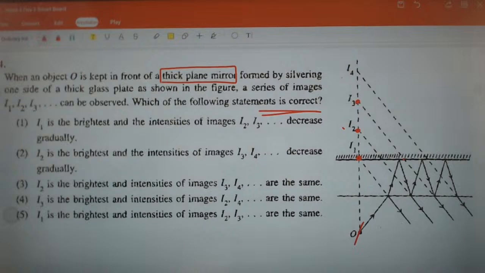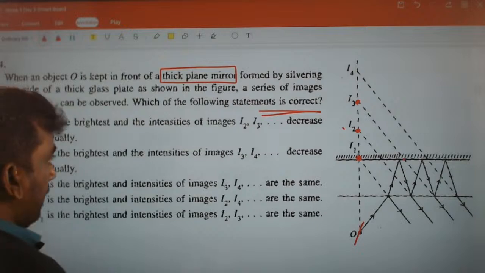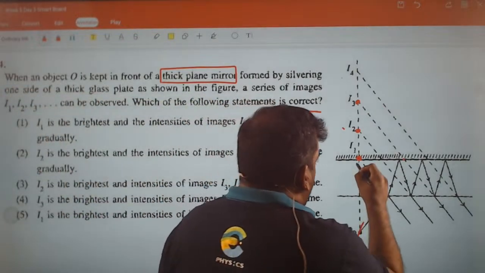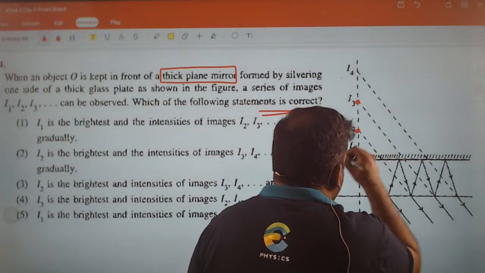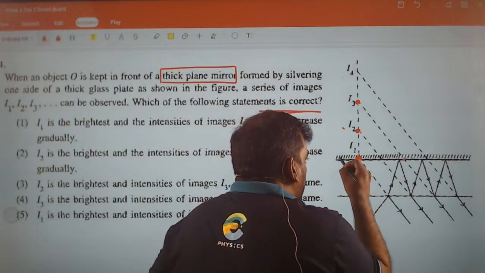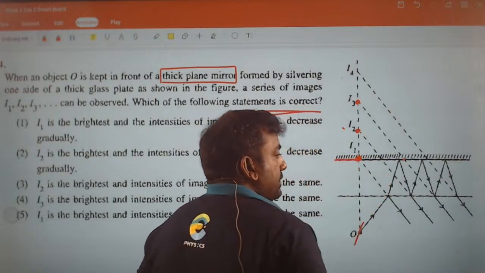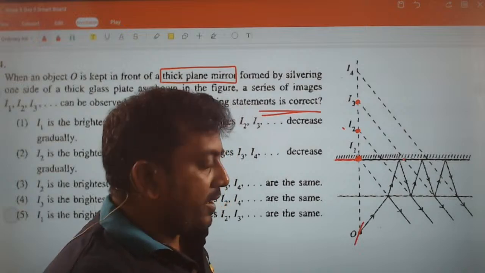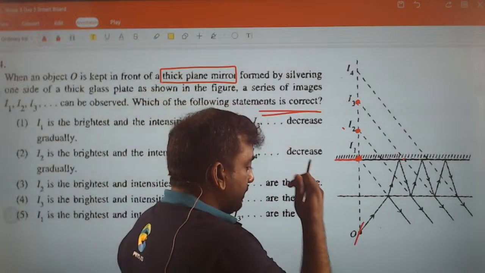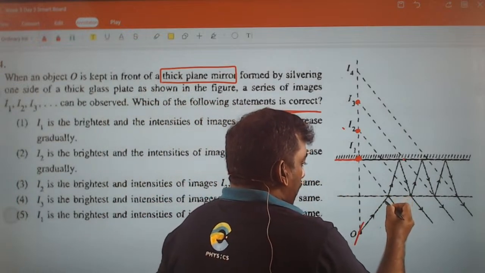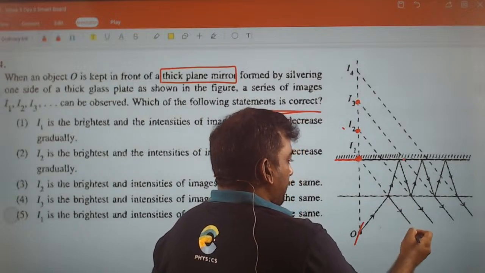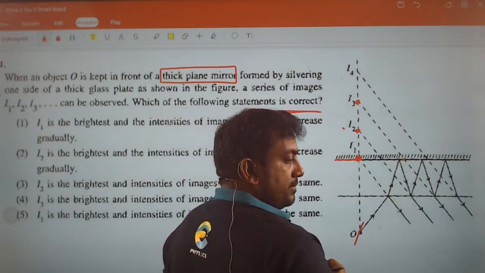If you look at this carefully, here the location of I1 is very important. I1 occurs on the silvered surface. So normally what happens is, some will reflect, some will refract.